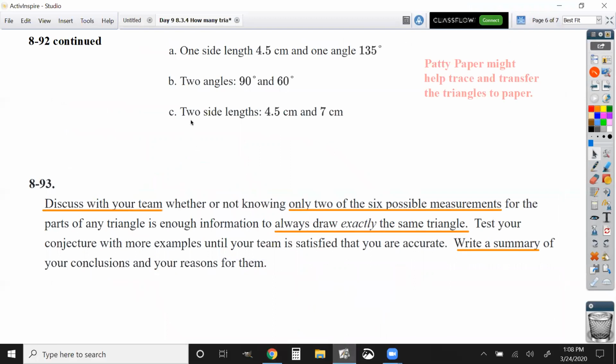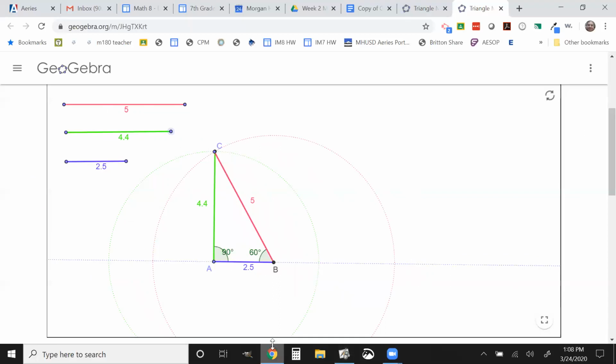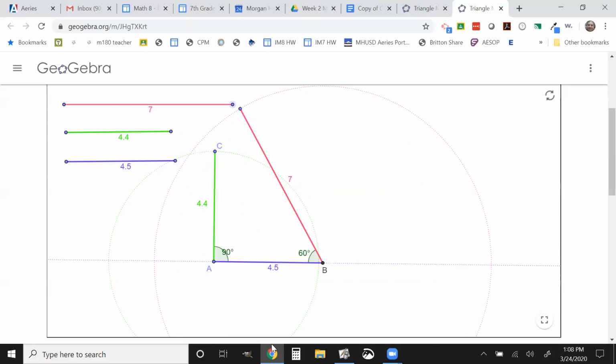All right, next one. Part C, 2 side lengths, 4.5 and 7. Go ahead and pause your video and then try your own. Okay, here's my 4.5 and 7 triangle.